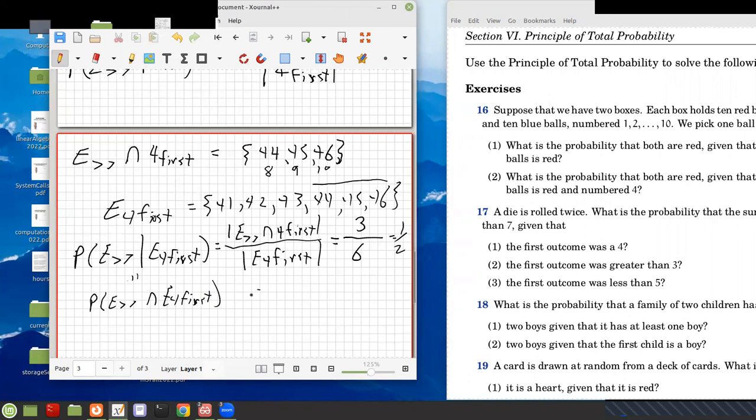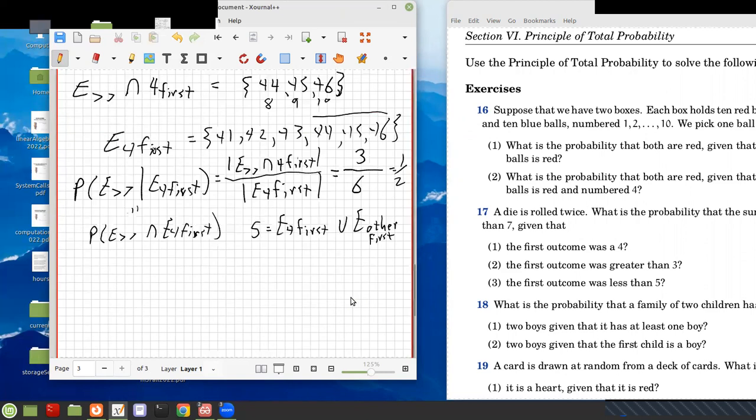We're going to divide up S into E 4 first, union E other first. So either 4 is first or 4 is not first. Those are sort of a set and its complement.